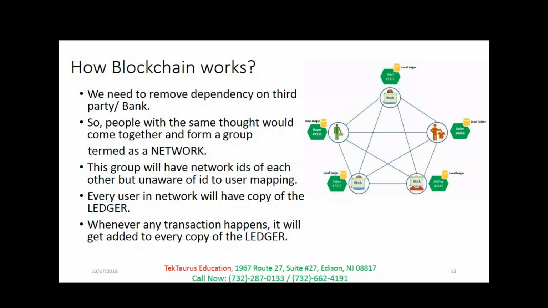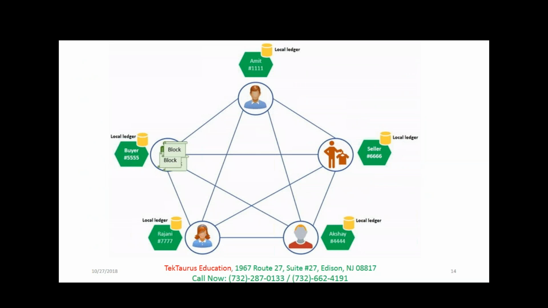No circumstance, no condition. If it is written, then it is written. That's it. Even the government, the highest authority, anybody in the world cannot remove anything from that blockchain. Even the owner who did the transaction cannot remove it. So this is how the blockchain works. Let's see further.